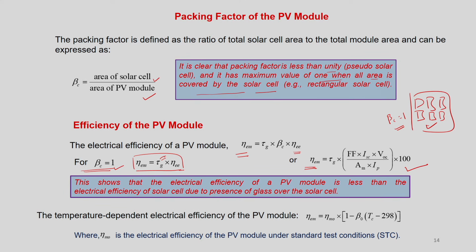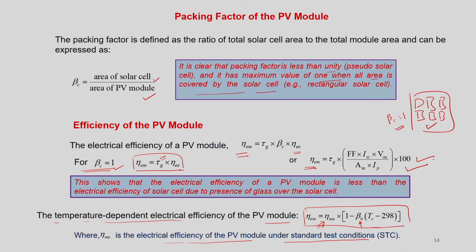And also we can derive the temperature dependent electrical efficiency of the PV module by using this expression. So, this eta_m0 is the electrical efficiency of the PV module under standard test condition, that is, 1000 watt per meter square of insolation, a spectrum of AM 1.5 and an ambient temperature of 25 degrees C. And this is the temperature coefficient, eta_B0.